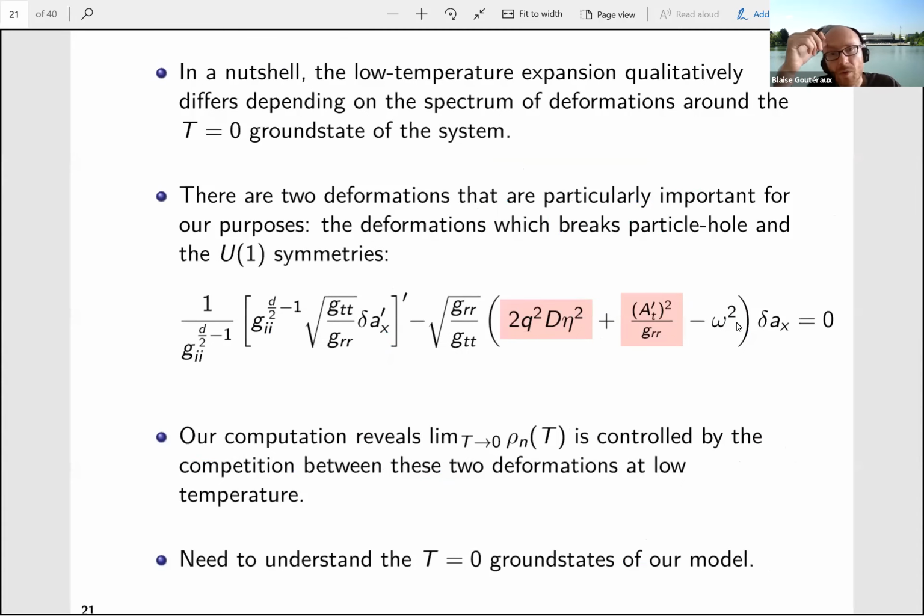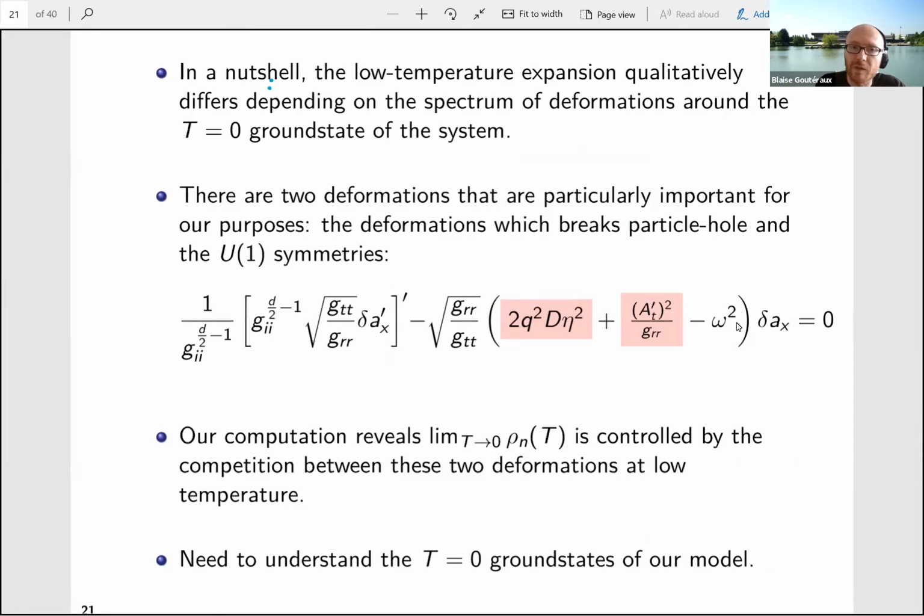I won't go through all the details of the calculation, also because they should appear in an upcoming paper that is not yet out, but this is something we've done, and we've also checked numerically. In a nutshell, the low temperature expansion that we find differs qualitatively depending on the spectrum of deformations around the ground state of the system.